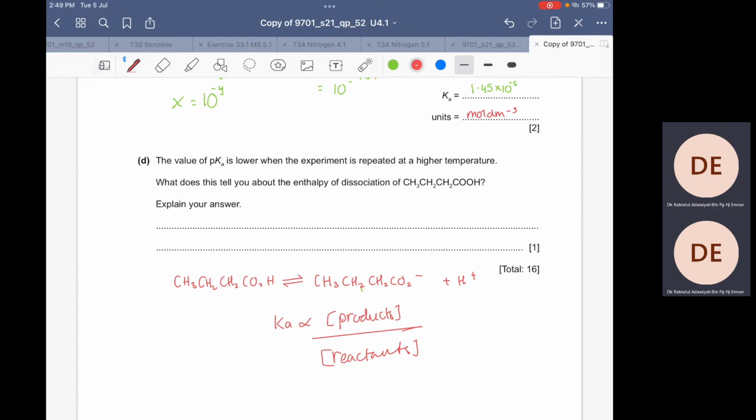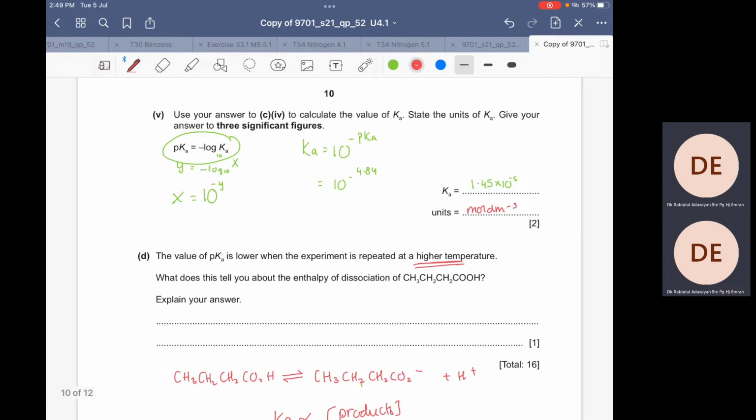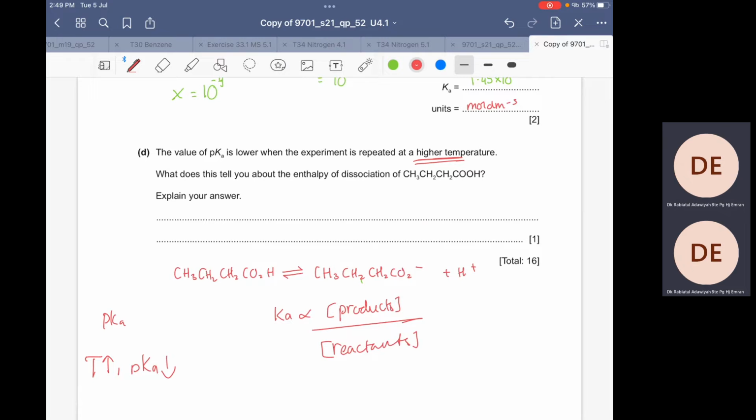Okay, so the question is saying the value of the pKa is lower when the experiment is repeated at higher temperatures. So T increases, pKa decreases. Okay, what's the relationship between pKa and Ka? pKa is minus log Ka. So that means pKa is inversely proportional to Ka, or directly proportional to 1 over Ka, okay? So that means if T increases, pKa decreases, your Ka would increase.